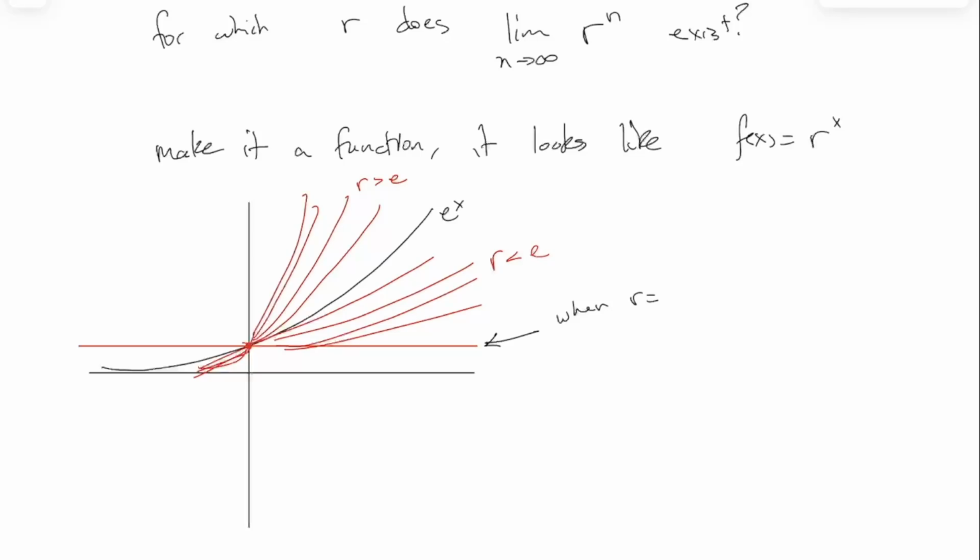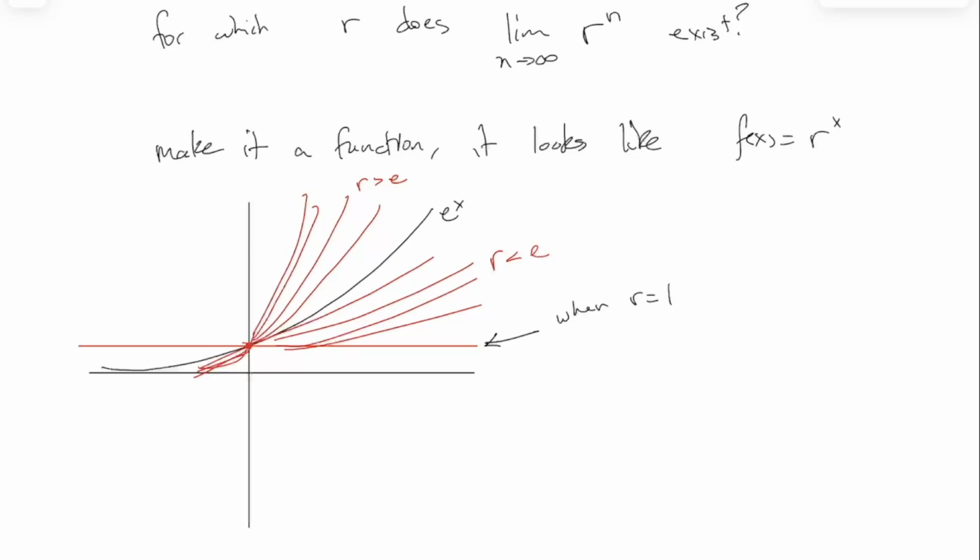Actually, that would be too far. There's one value of r where you end up with a horizontally constant function. Yeah, this would be r equals 1. Then I'm talking about the function 1 to the power x, which of course is just the constant function 1.